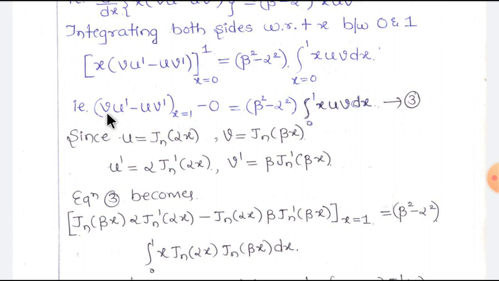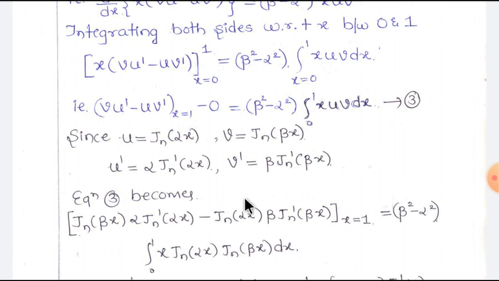First term v is Jn of beta x, u dash is alpha into Jn dash of alpha x, minus u, which is Jn of alpha x, into v dash, which is beta into Jn dash of beta x, at x is equal to 1. This term is 0, which is equal to beta square into alpha square.